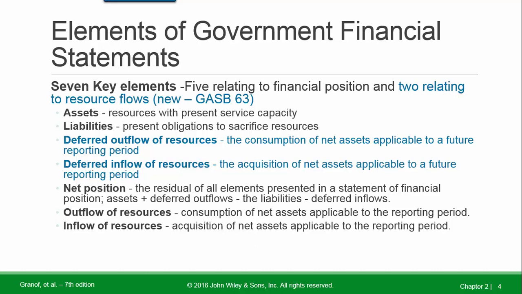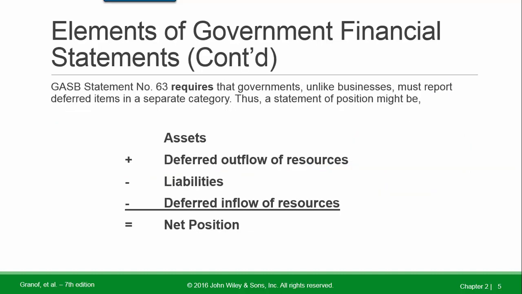Outflow of resources: consumption of net assets applicable to the time period. Inflow of resources: acquisition of net assets applicable to the reporting period. These are the 7 key elements that we need to be comfortable with. Again, 5 relating to financial position and 2 relating to resource flows. Let's continue with this.